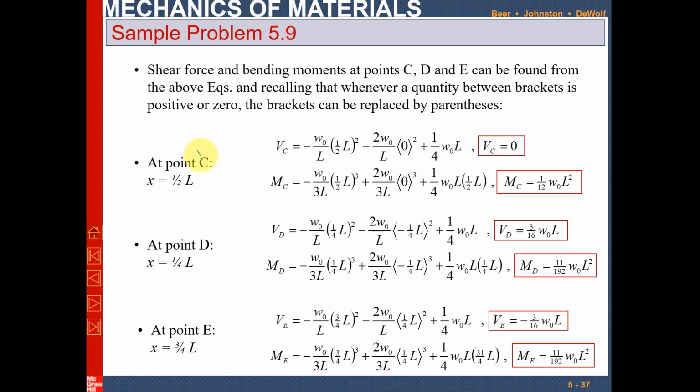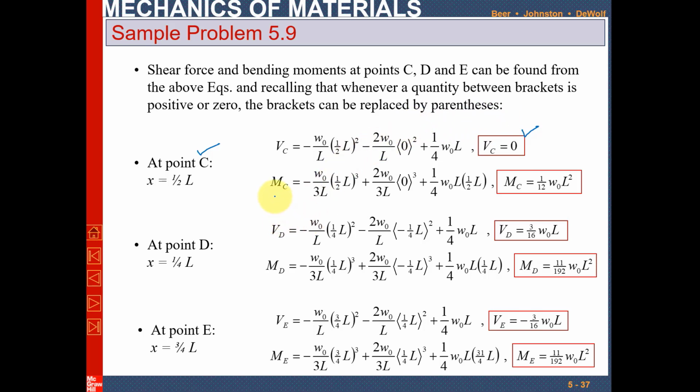So you can see at point C, this will be minus w naught L square over 4L, and this is 1 over 4 w naught into L. So if you simplify, it will be minus 1 over 4 w naught into L, which will be cancelled with this. So shear force at point C is equal to 0.